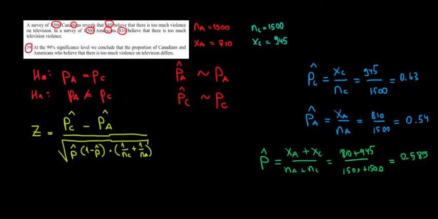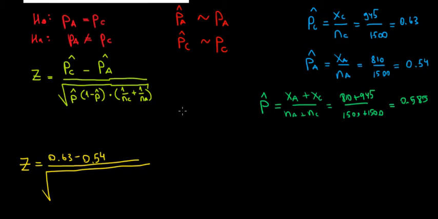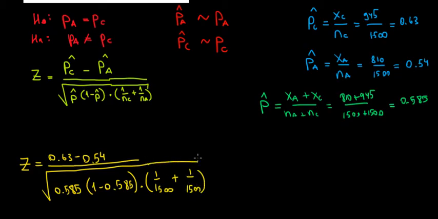So let's get some space here below and do that. Our z-statistic is going to be the difference between the proportion of the Canadians, which is 0.63, minus the proportion of Americans, which is 0.54, based on our sample data, divided by the standard deviation of the total proportion, that's 0.585 times 1 minus 0.585, multiplied by 1 over the number of Canadians in the sample, which was 1,500, plus 1 over 1,500 for the number of Americans in the sample.